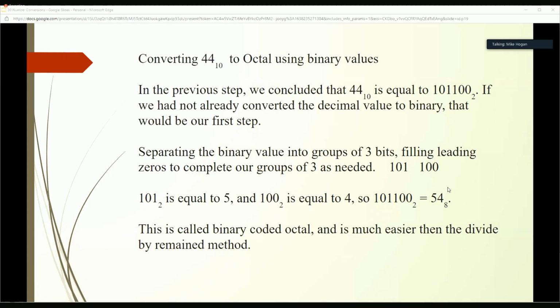I'm sure that's clear as mud, but the big thing to see is that because of the way octal is weighted, and because the largest number I can represent in binary in 3 bits is a 7, if this was 1, 2, 4, a 4 and a 2 is 6 plus 1 is 7. You guys told me 111 is 7. And so I can take these 3 bits, and they will be represented by this 1 digit in octal. And then I just do the conversion.